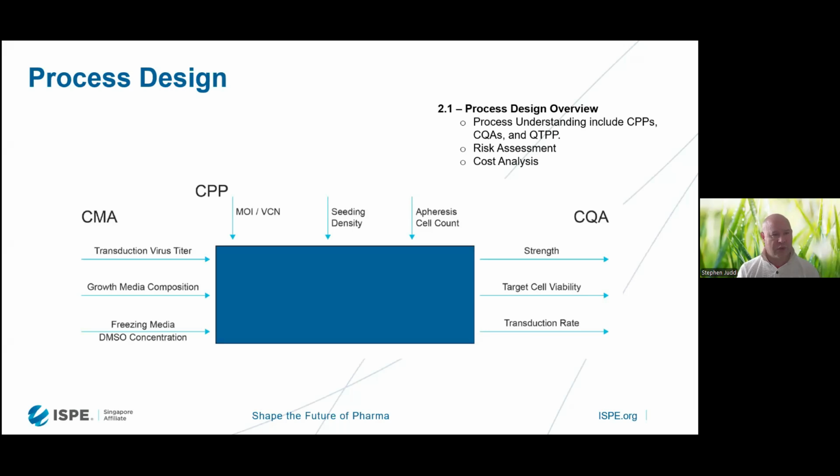If we focus on autologous therapies for a minute, you're deriving your initial starter material from a patient who is sick with the illness that you're trying to treat, and therefore there is a significant level of variability from batch to batch because it's person to person.